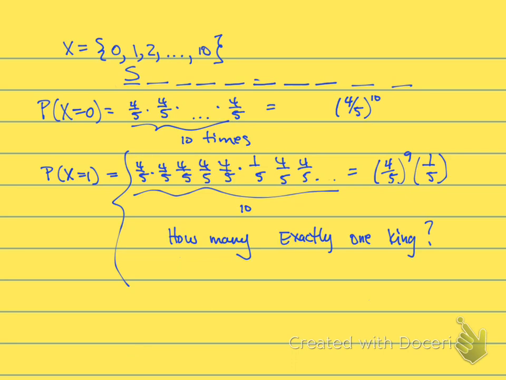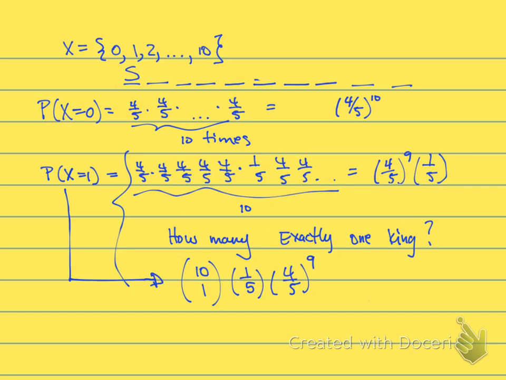Or another way to say that is, of the 10 slots, choose the one slot where I place the success. So there are 10 choose 1 ways I can have exactly 1 S and the rest failure. Then times the respective probabilities of each, 1/5, there's exactly 1, and then 4/5 to the rest, which should be 9. Okay, so that is, in fact, the probability x equals 1.